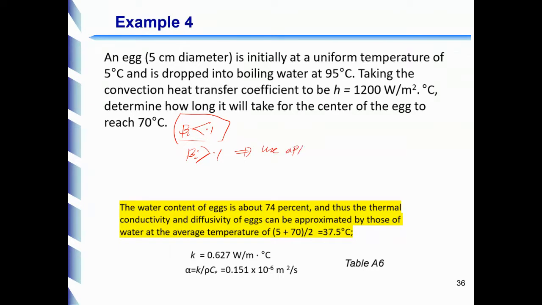Then use the approximate solution technique, and this technique is also valid if the Fourier number is greater than 0.2.